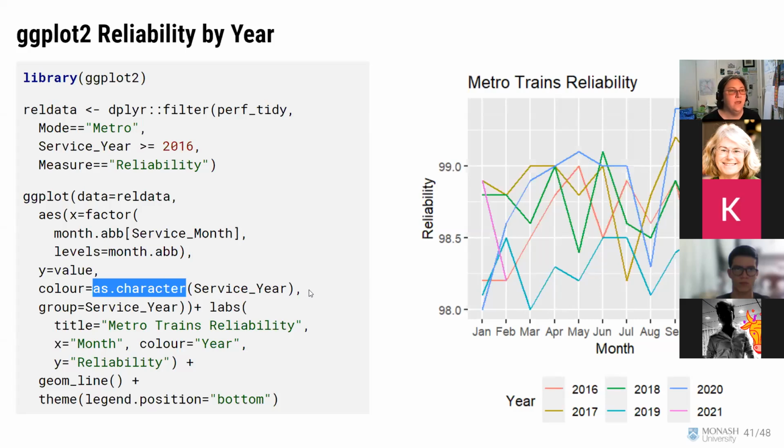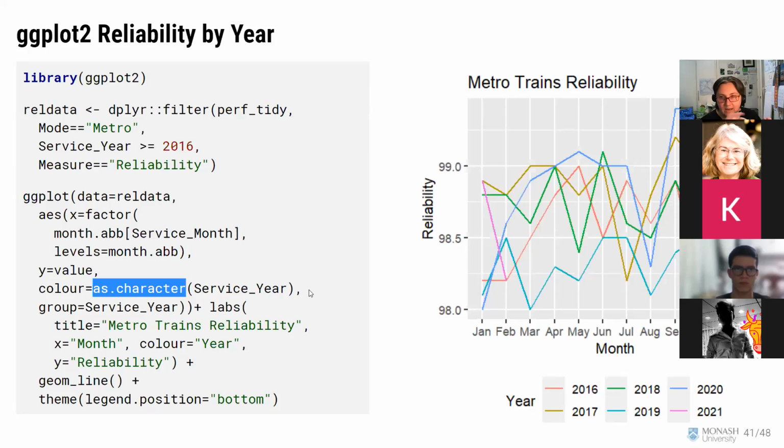But I was trying to do it quickly, so I haven't changed it. You could change the whole service year column to be in a character format.